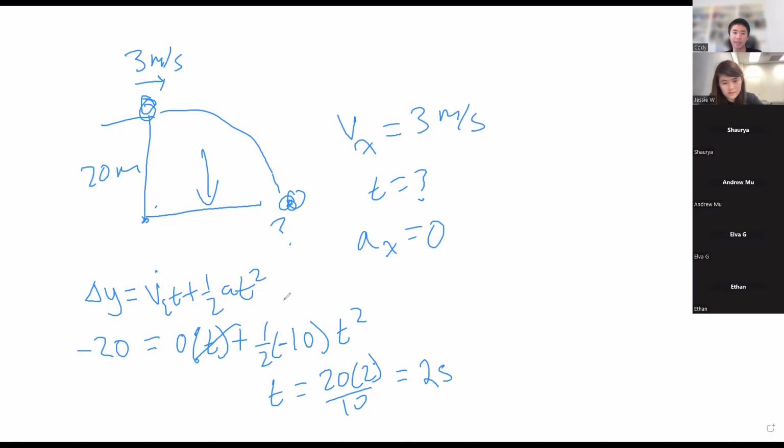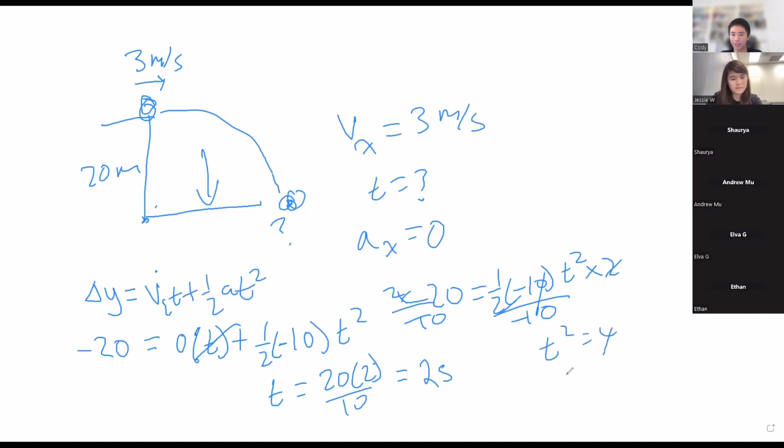So it would be negative 20 equals 1/2 times negative 10 t squared. Then you multiply by 2 on both sides, and divide by negative 10 on both sides. Sorry guys, it's kind of messy, but you get t squared equals 4, so t is equal to 2. Sorry about that.